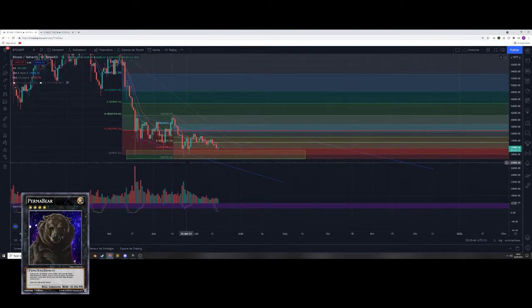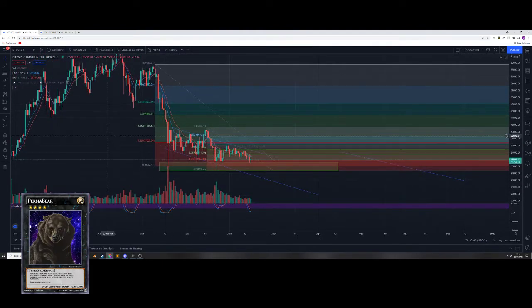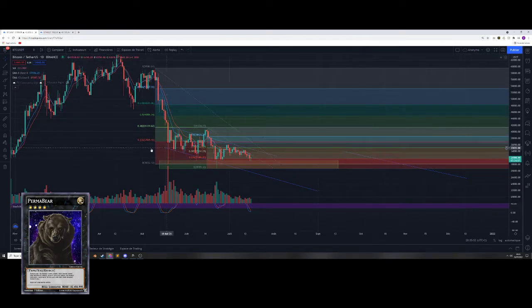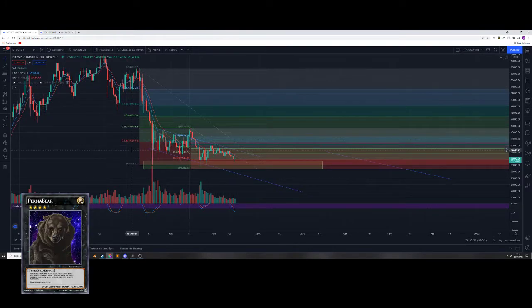So first and foremost, what's good to know is that on the BTC USD pair on Binance, one thing we can see for sure is that we are in a down trade, like I said earlier. I took a trend line on all the buys, all the big liquidity levels that we had, and this is not good for now.